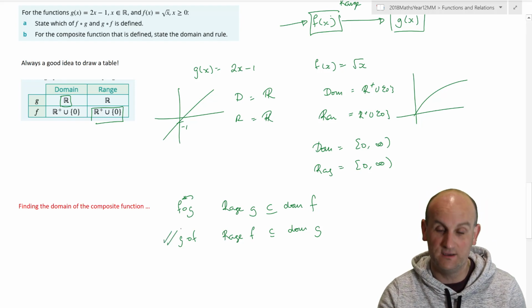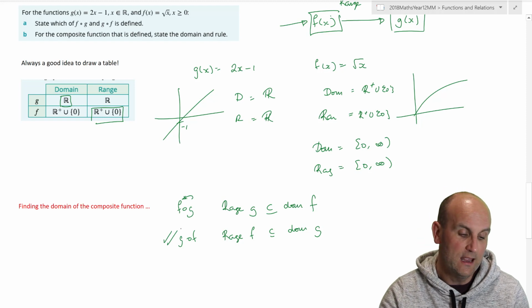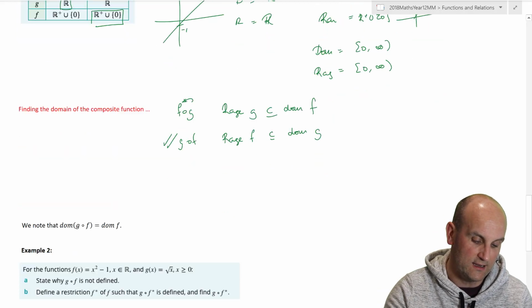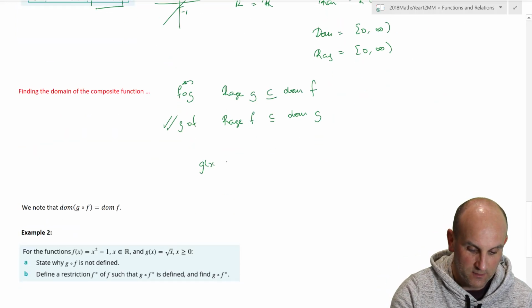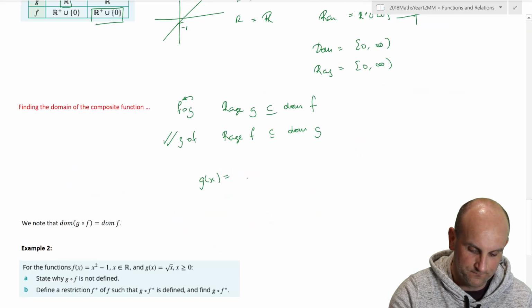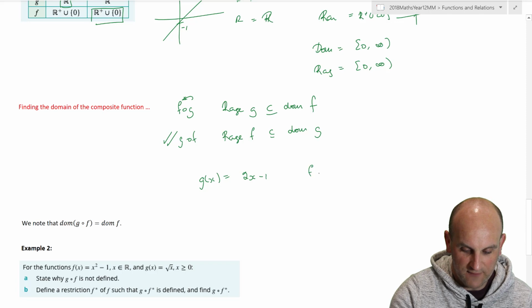See how easy this stuff is when you understand the principle. For the composite function that is defined, state the domain and the rule. Okay, so we had that g of x was equal to 2x minus 1, and we knew that f of x was equal to the square root of x.